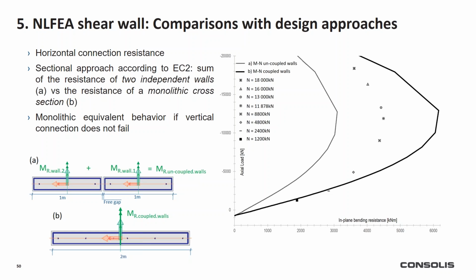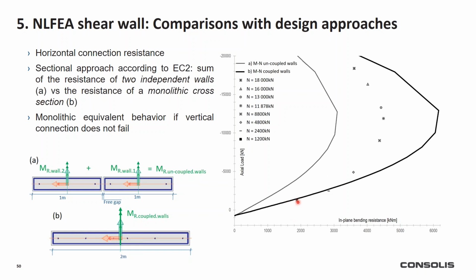Now we can see a comparison with the design approach widely used for the horizontal connections. This is the sectional approach that is described in Eurocode 2. It can be applied for two independent shear walls with a free gap, or it can be applied for a monolithic section. And here we can see the interaction curves between the axial load and the bending resistance that were calculated with an application.